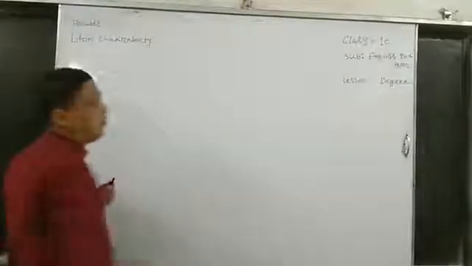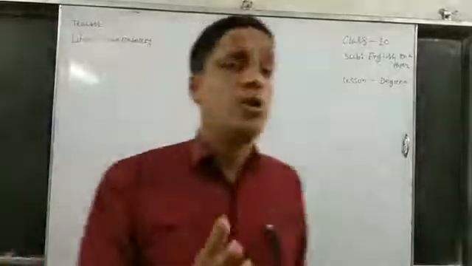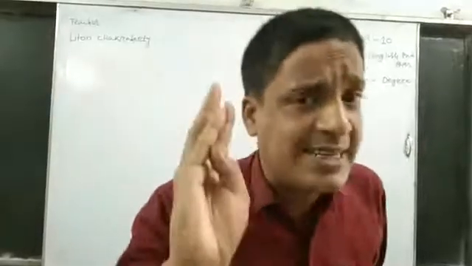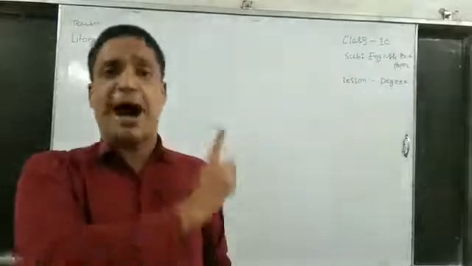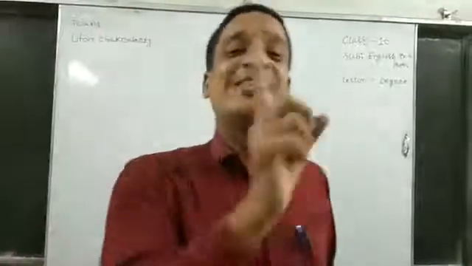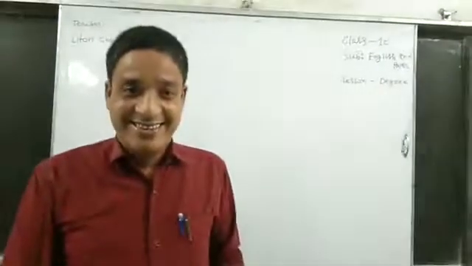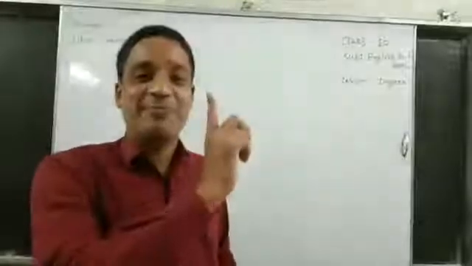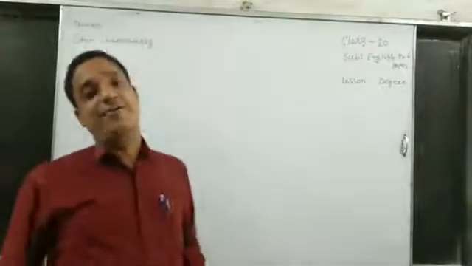If you want to know more, how many forms of a verb do we know? Present, past, past participle. Like a verb, an adjective also has 3 forms.